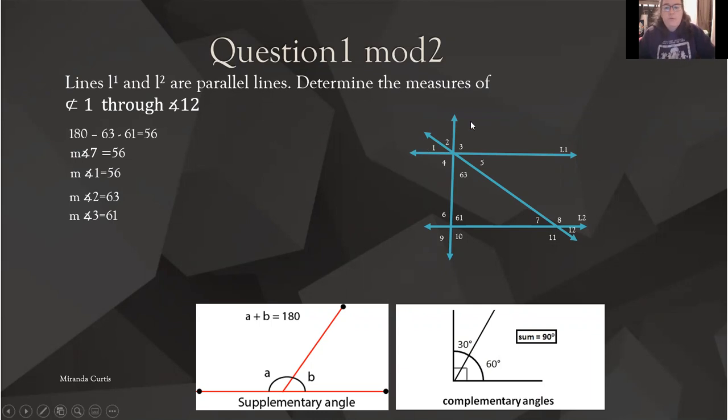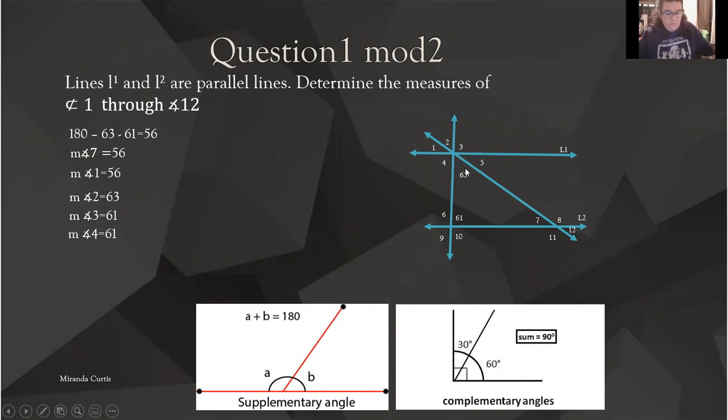Then we look at angle 3. If you look at the bottom left angle of the triangle right here, it corresponds with 3. And so when they correspond, they equal the same. So that's why it's 61.